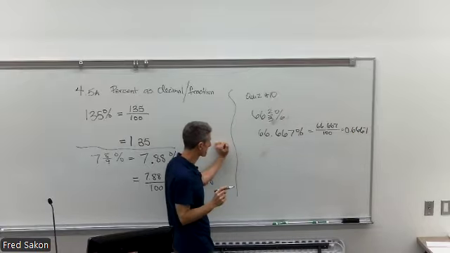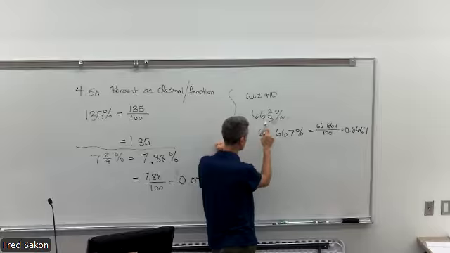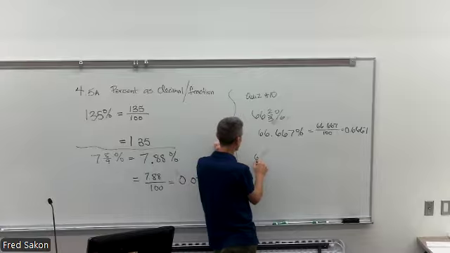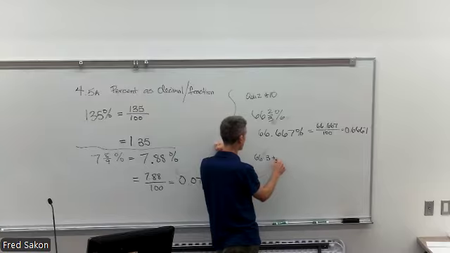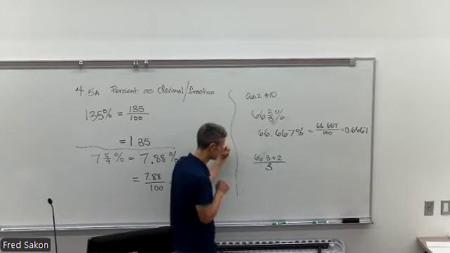Now let's talk about fraction form. 66 and 2/3, that mixed number converted to a fraction. Remember, we take the number times the denominator, add the numerator, place all of that over the original denominator.